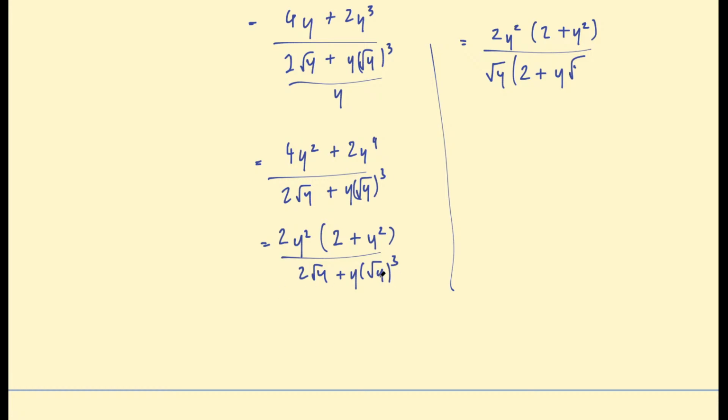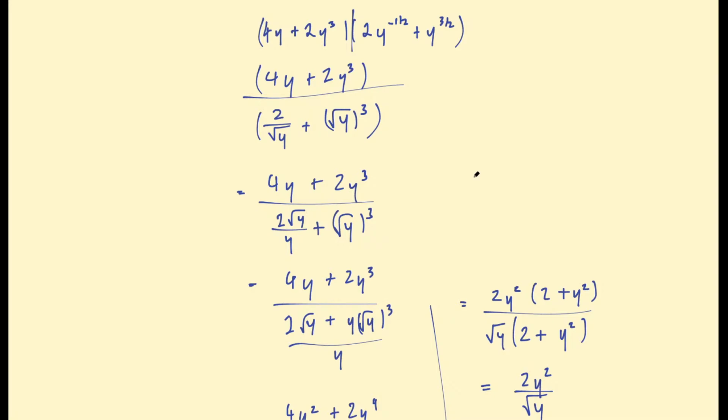So if you factorize a root y out, you're left with root y squared, which is this y. So then that becomes y squared. So then you're left with 2y squared. I feel like there's a way simpler way of doing this. Was there? Yeah, probably.